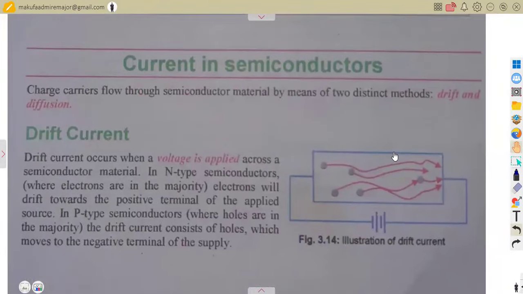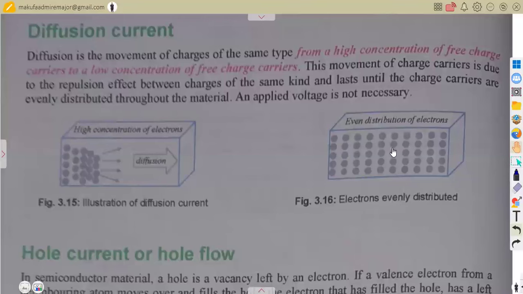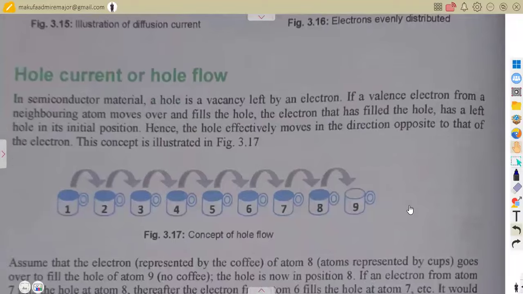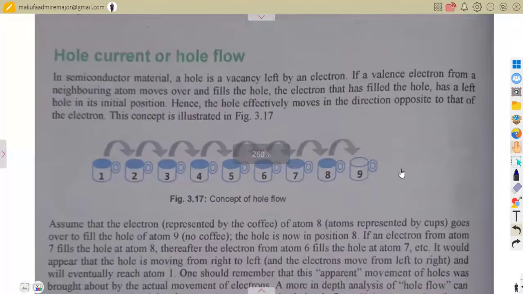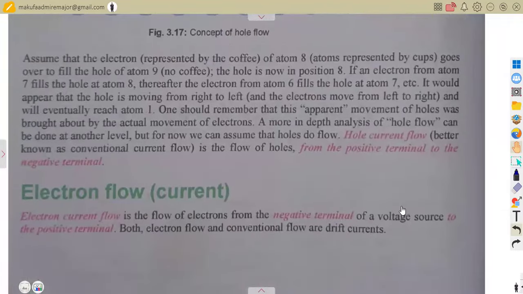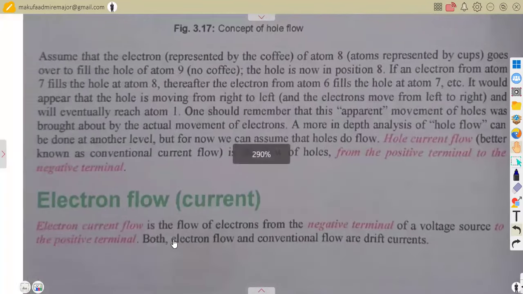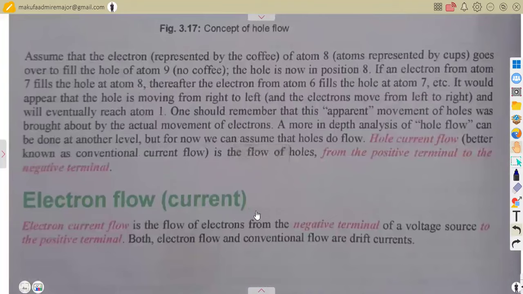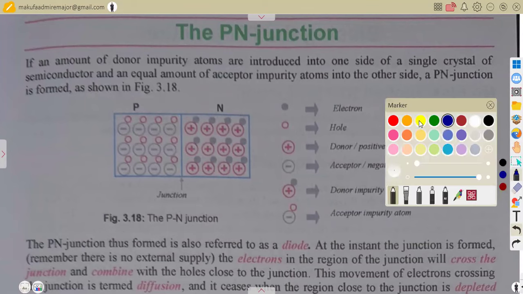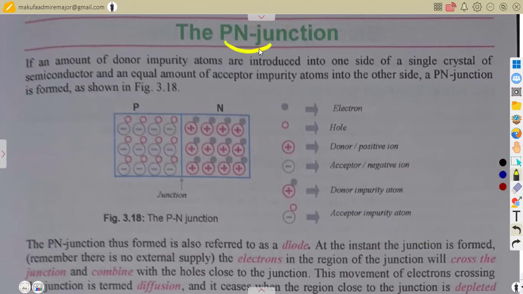Go through everything, make sure that you understand all the basics, the diffusion current, the hole current. These are some of the currents that you can read and understand by yourself. Anything that is written in red there is important for you to take note of and understand. Then another important part is the PN junction.